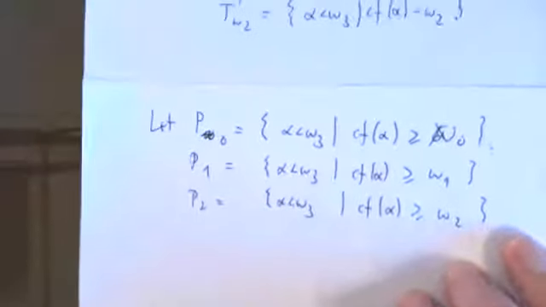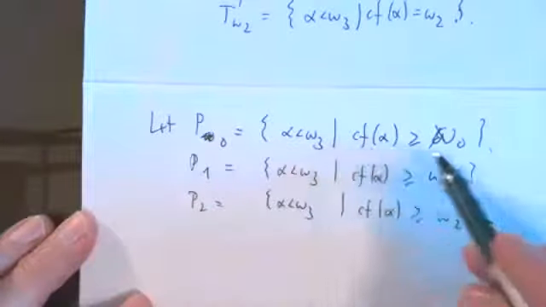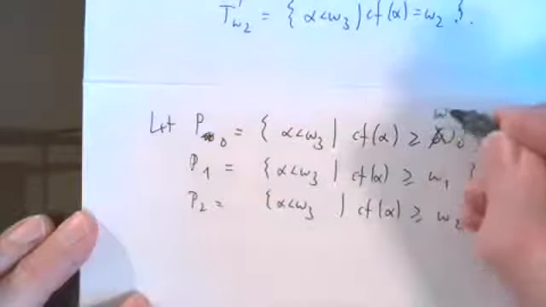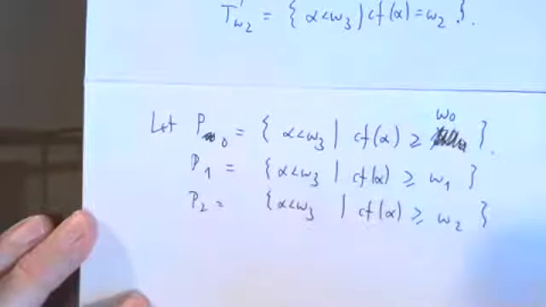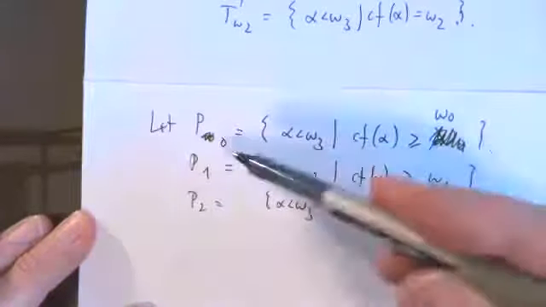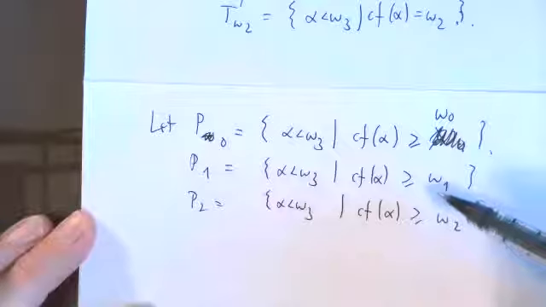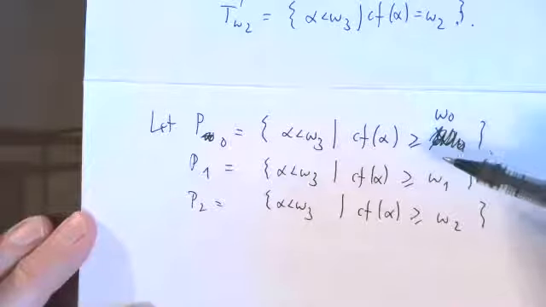Sorry, I realized that was off camera. So P0, points of cofinality, this is omega 0. Now each of these is stationary because the points just of cofinality omega is already stationary. The superset of a stationary set is stationary.